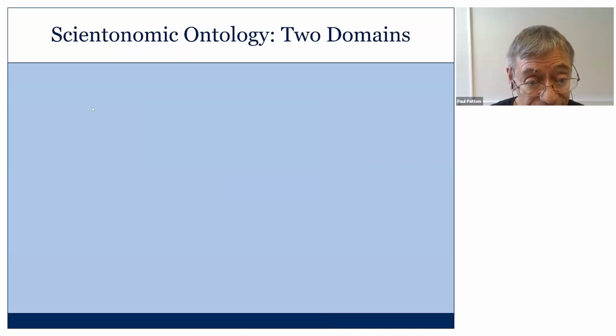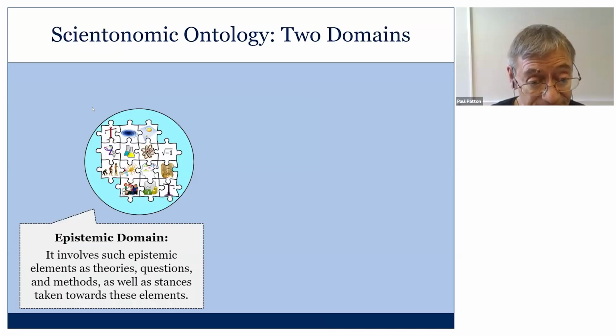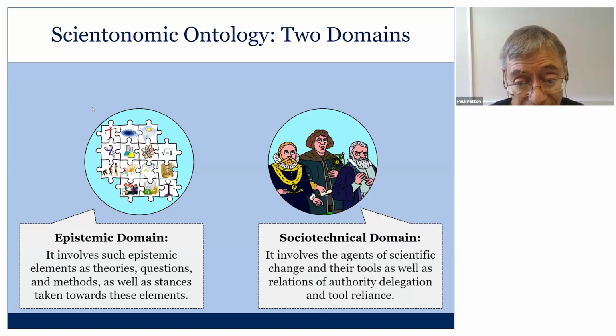Those domains are, first of all, the epistemic domain, which involves such epistemic elements as theories and questions and methods, and stances taken toward those elements. And then the second domain is what we call the sociotechnical domain, which involves the agents of scientific change and the tools and instruments they use, as well as the relationships of authority delegation and tool reliance within those communities.